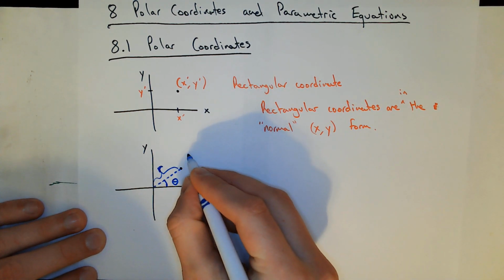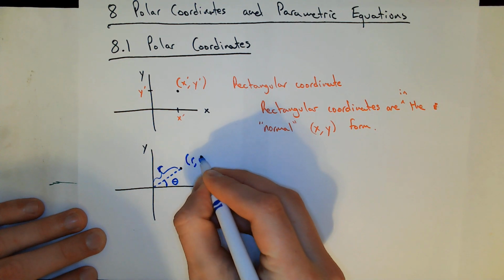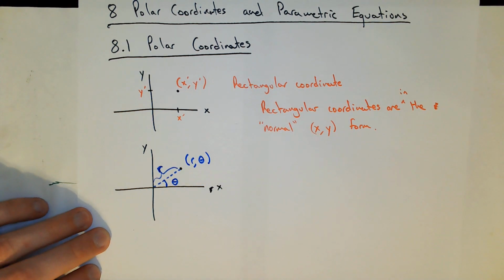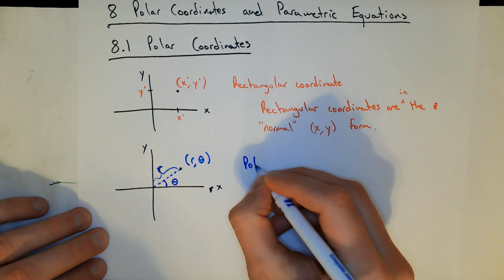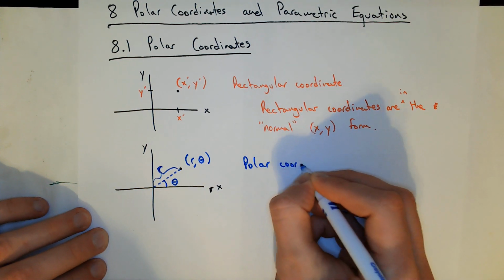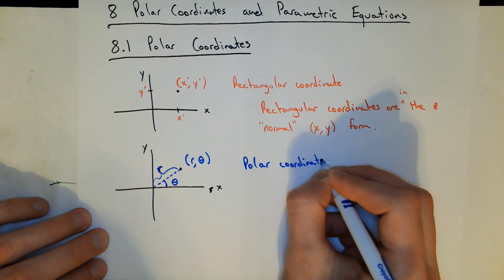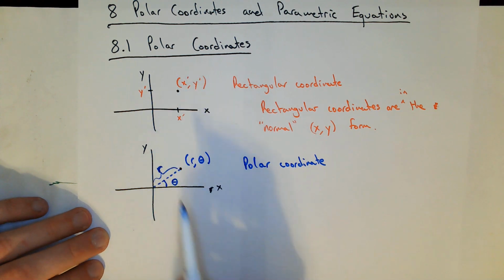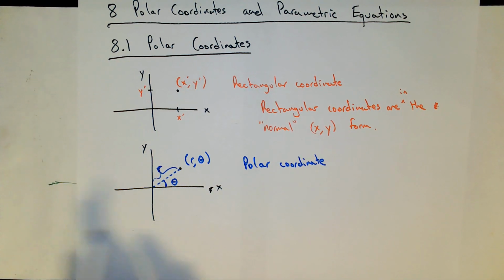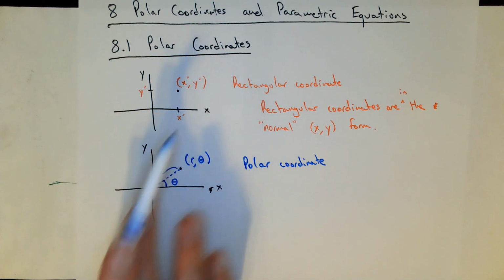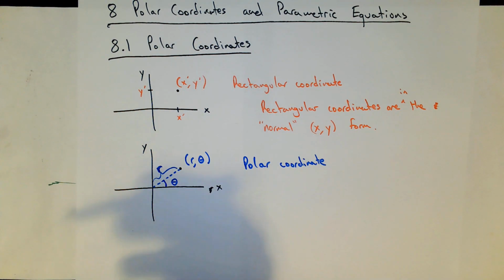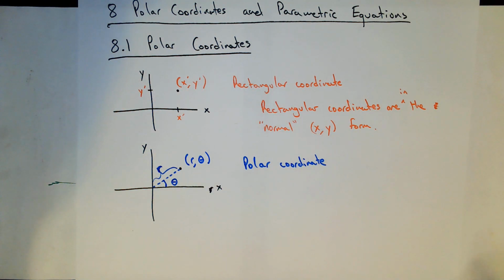And the coordinate point then is r comma theta. So this is a so-called polar coordinate that describes the same point, but instead of saying go right 3 and up 2, it might say go a distance of 4 at an angle of 30 degrees or something like that.